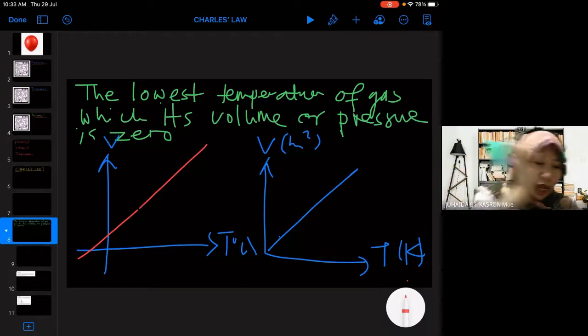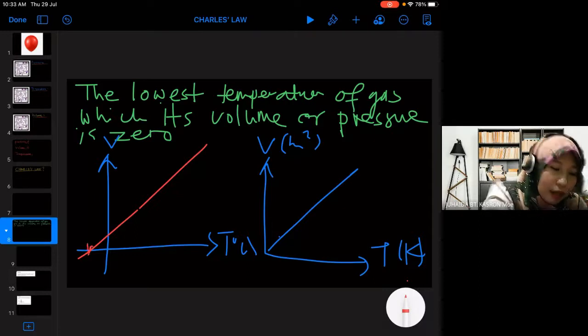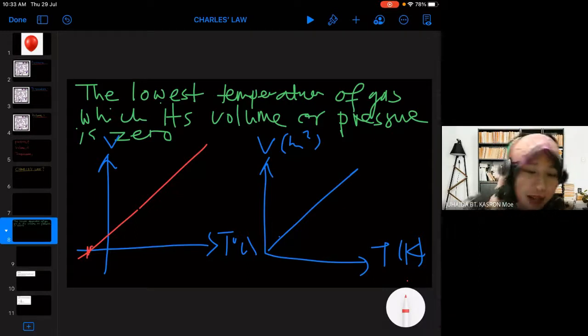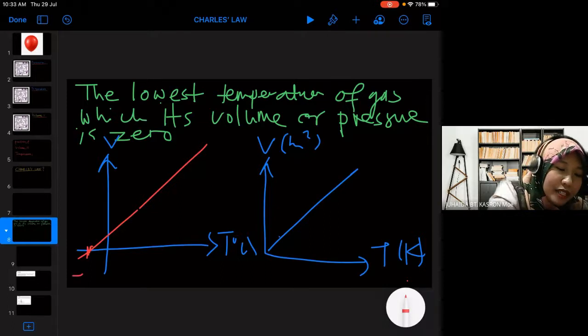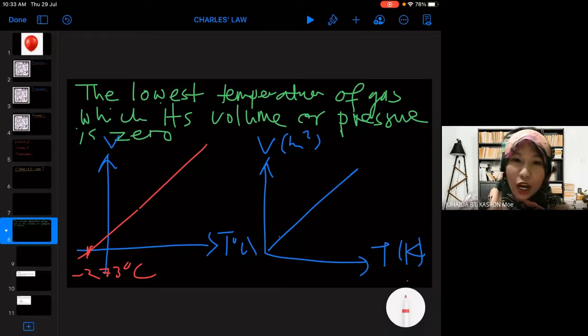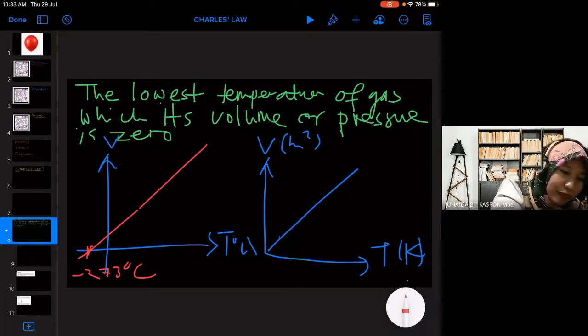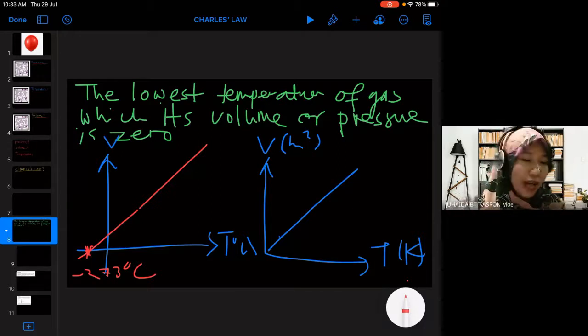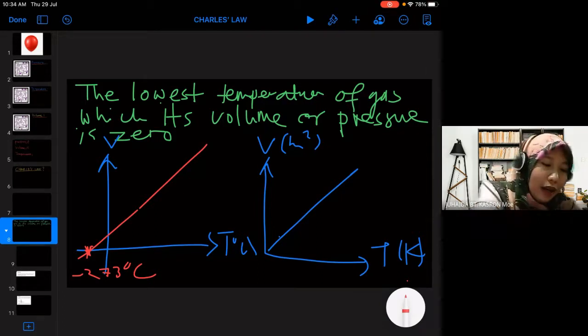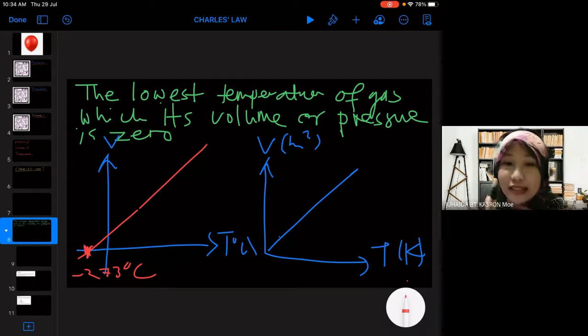Here, the intercept at the x-axis shows a negative temperature in Celsius. So what is the volume at this point? Anis, look at the graph here. It is volume against temperature. When we plot the graph, we will have the intercept at the x-axis, that is negative 273 degrees Celsius.